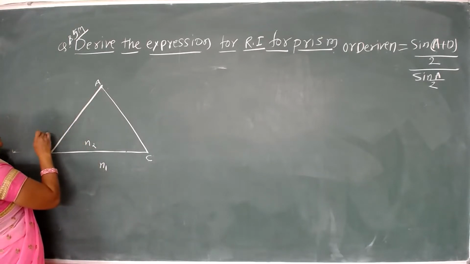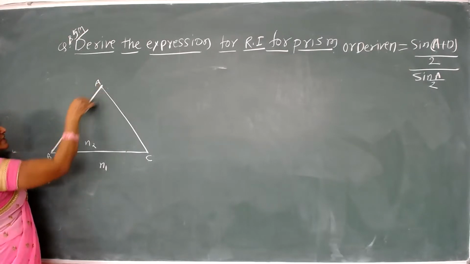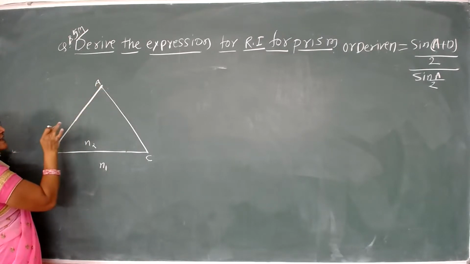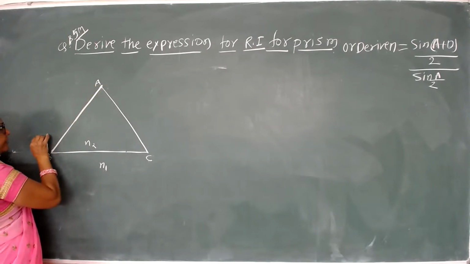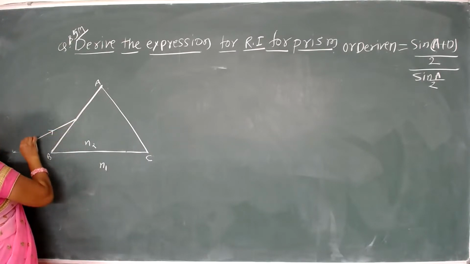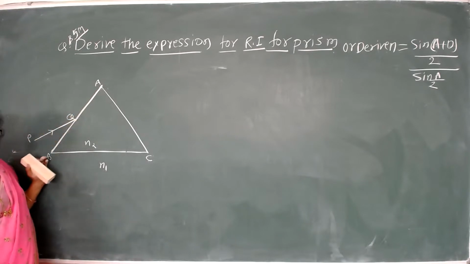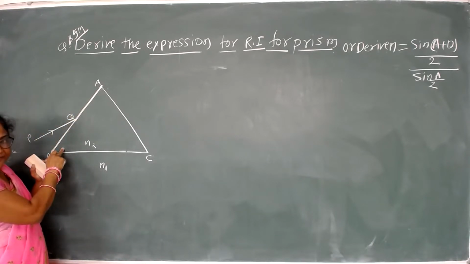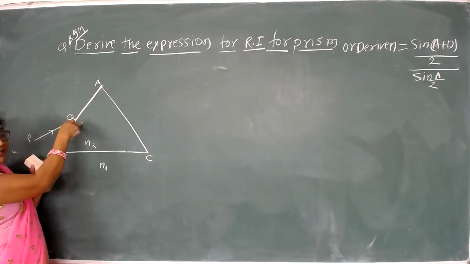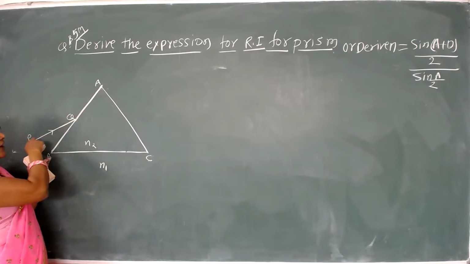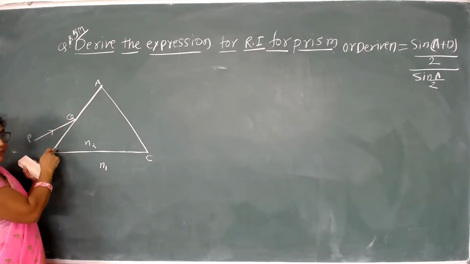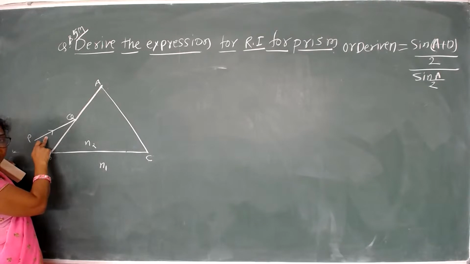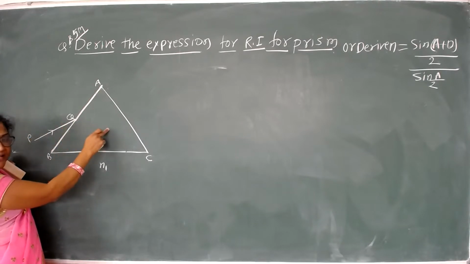If the ray of light is incident on the first surface AB, suppose PQ be the ray of light which is incident from air medium to the denser medium. When the ray of light is incident on the first refracting surface AB, this ray of light is propagated from air medium to the denser medium.